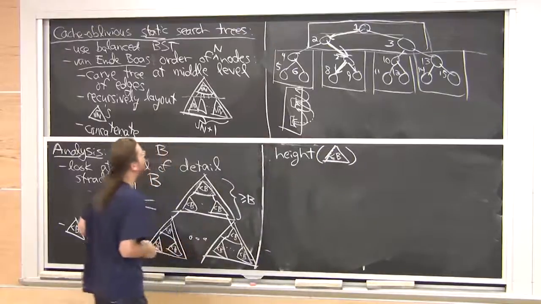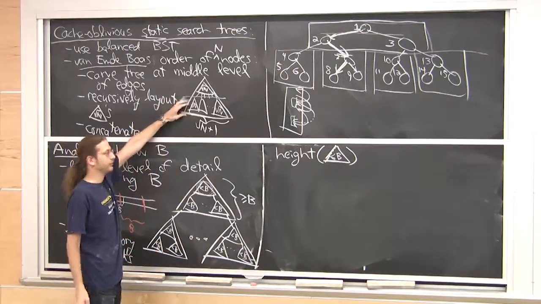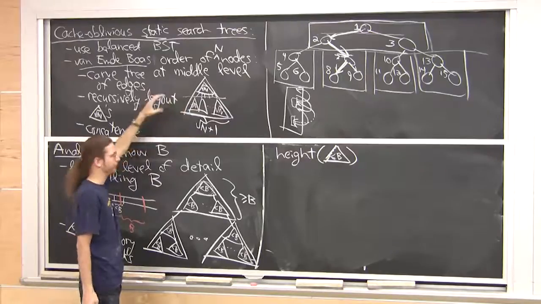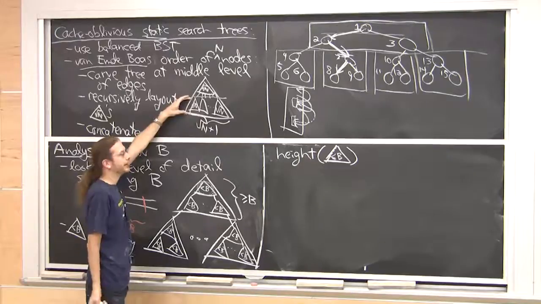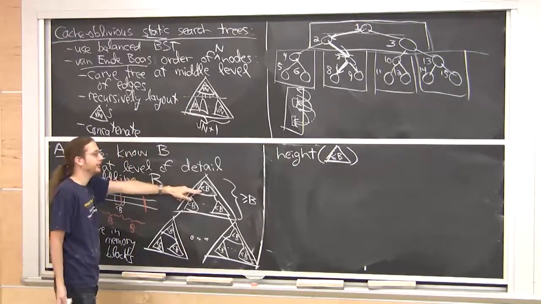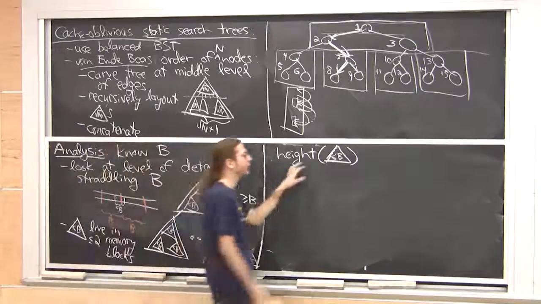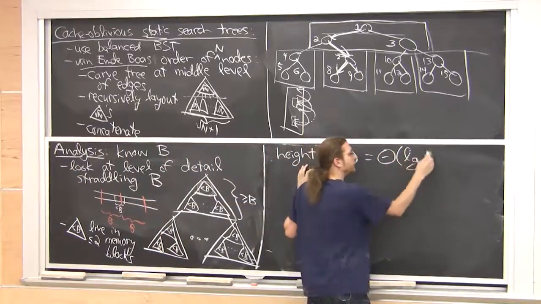Well, we start with a tree of height log n, then we divide it in half, and we divide it in half, and divide it in half, and we take floors and ceilings, whatever. But we repeatedly divide the height in half. And we stop whenever the number of nodes in there is less than b. So that means the height is going to be theta log b.